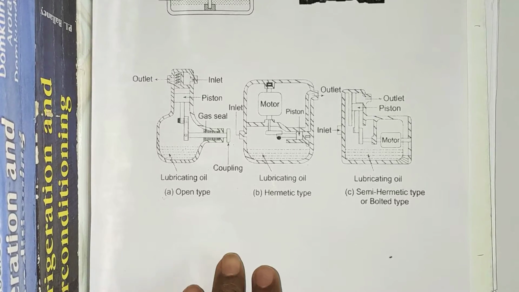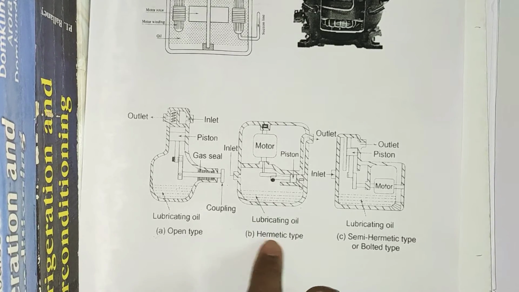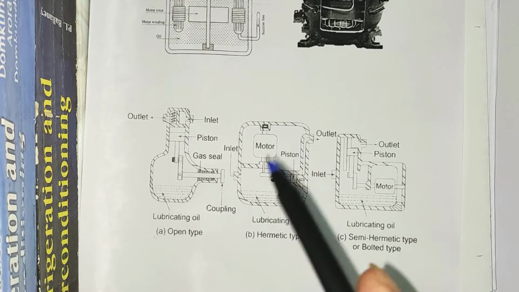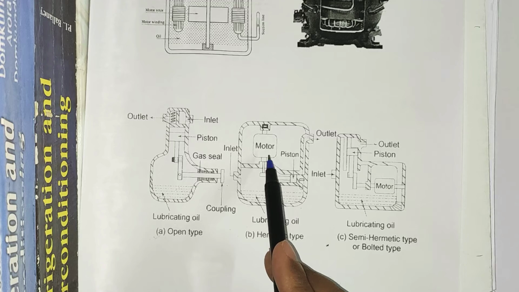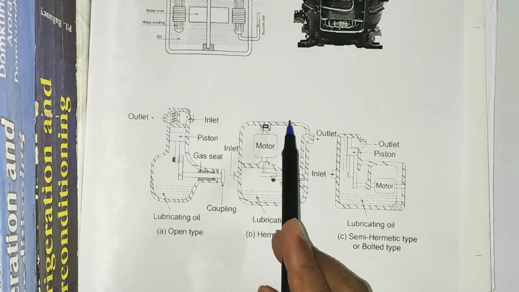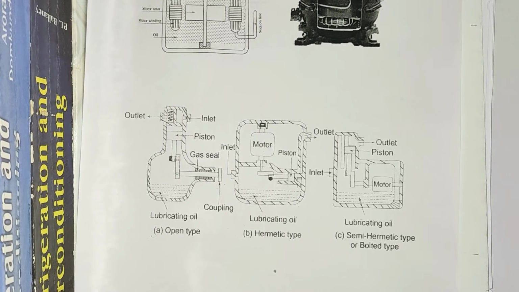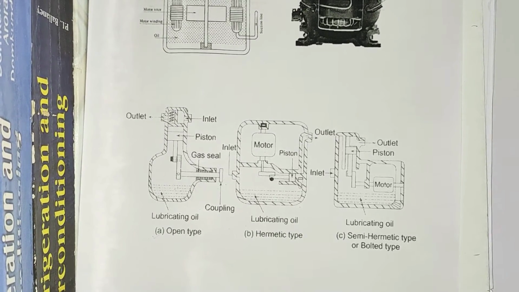Now if we go to the hermetic compressor, if you look at this figure of the hermetic type compressor at close view, both the motor and the compressor are enclosed in a single outer shell, which is welded.